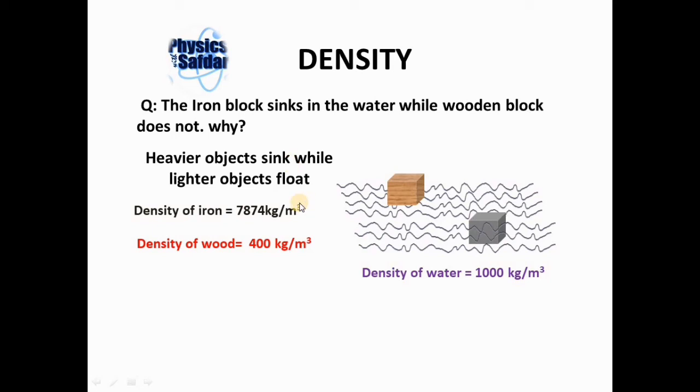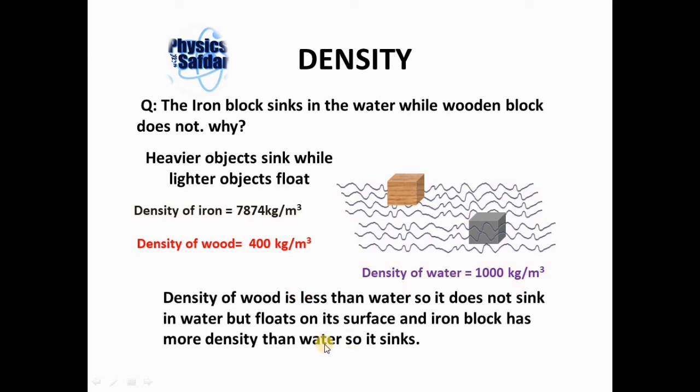So if you compare the density of water with iron, iron has more density than water, that's why it sinks in water. Next, if you compare the density of the wooden block, that is 400 kg per cubic meter, with water, that is 1000 kg per cubic meter, the wooden block has less density than water, that's why it floats on the surface of water.